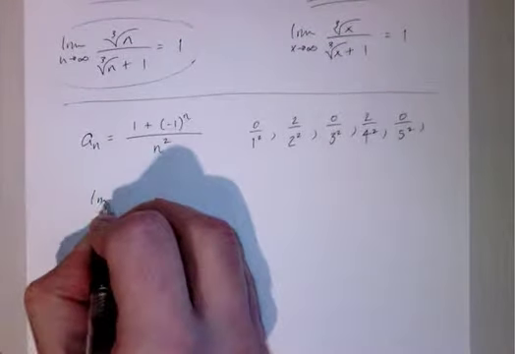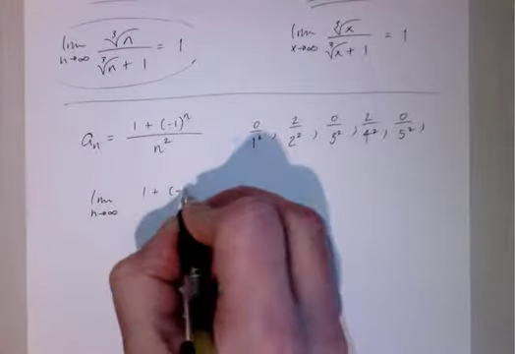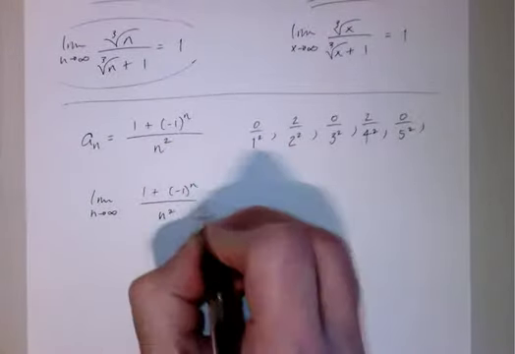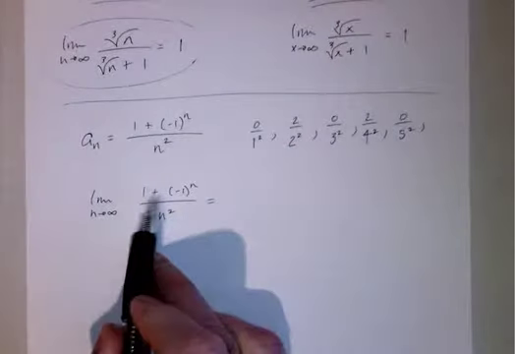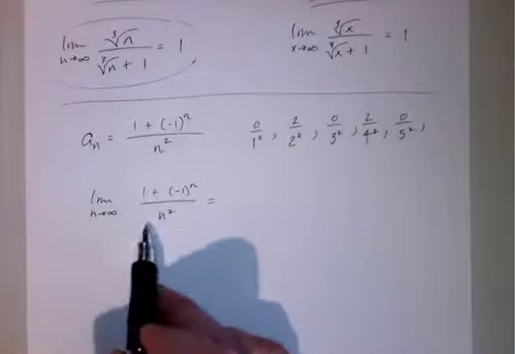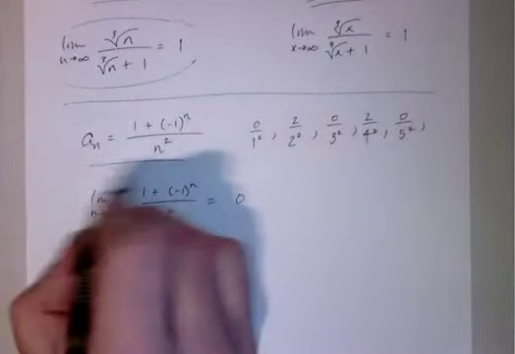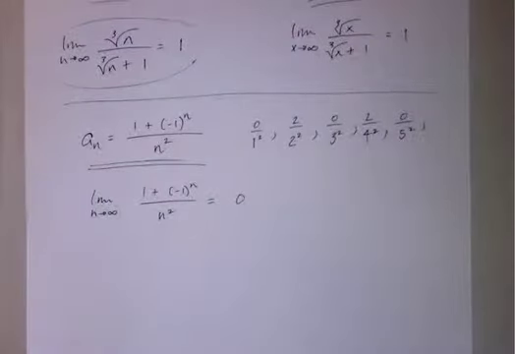So as we take the limit as n approaches infinity of 1 plus -1 to the n over n squared, this just winds up oscillating back and forth between 0 and 2, 0, 2, 0, 2. This gets insanely large. That's going to 0. That converges at 0, okay?